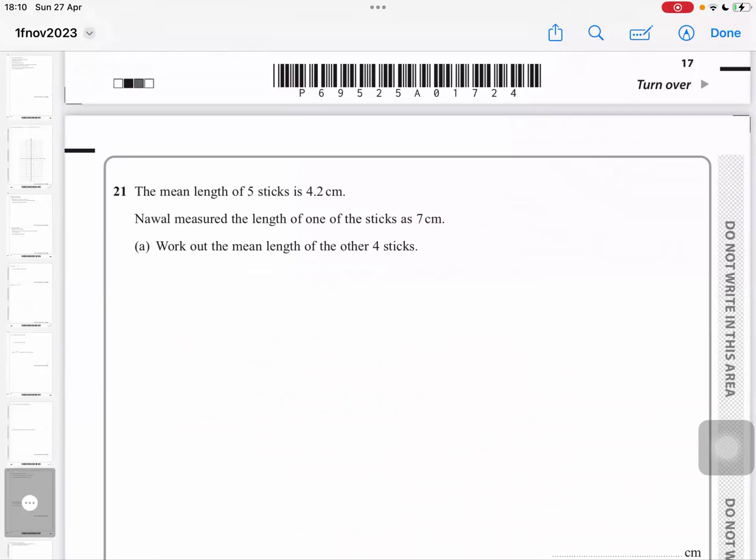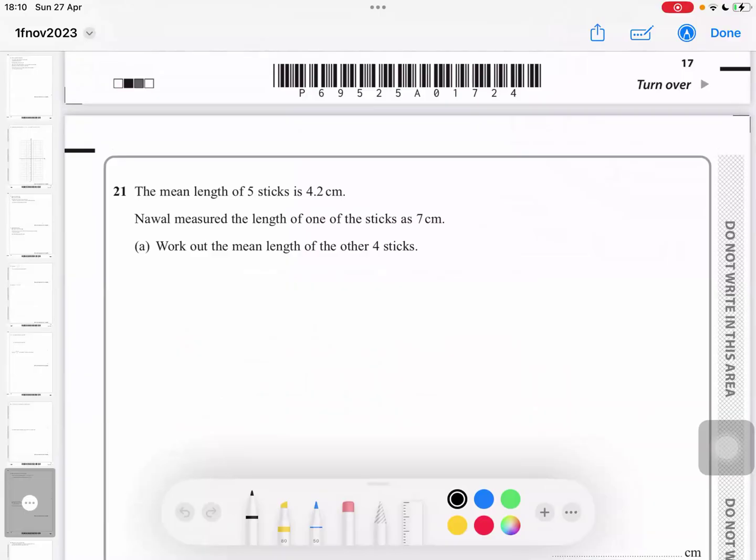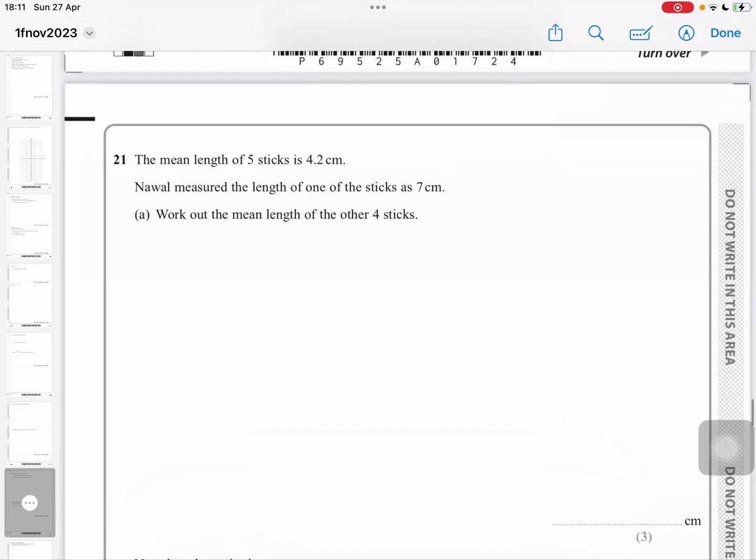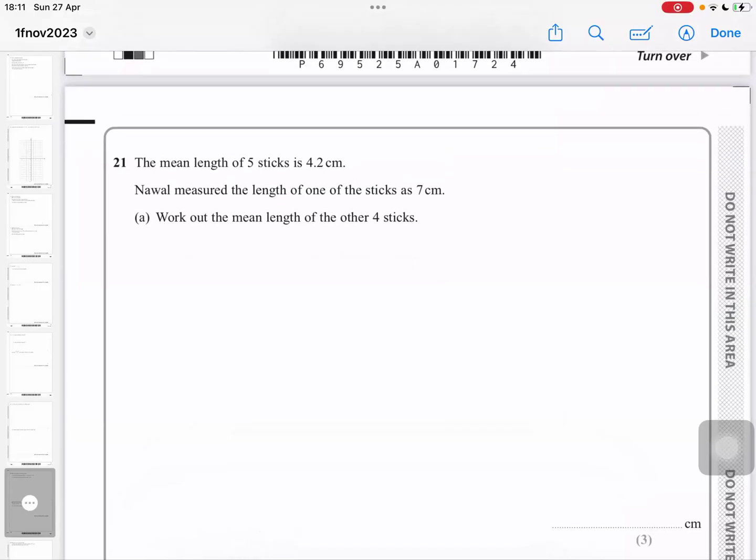Or let's see. Can you annotate on the screen? I'm thinking of the best way to do this.